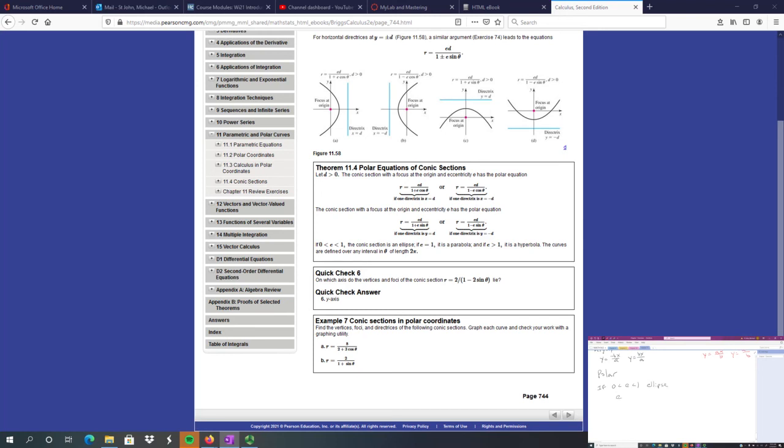If e is equal to 1, then it's a parabola. And if e is greater than 1, it is a hyperbola. So we have the polar form of our conic sections, and the e value typically will tell you whether you have the ellipse, parabola, or hyperbola.